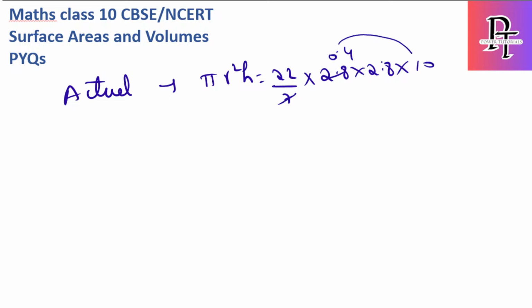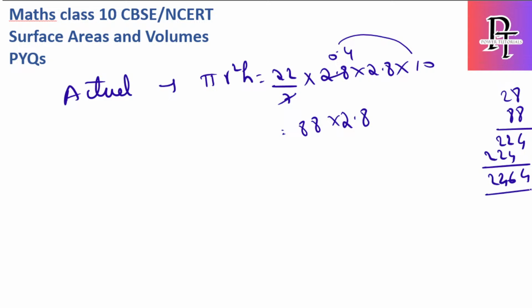So 10 into 0.4 is 4. So 22 into 4 is 88. 88 into 2.8 gives 246.4 centimeter cube, which is the volume of the actual capacity.